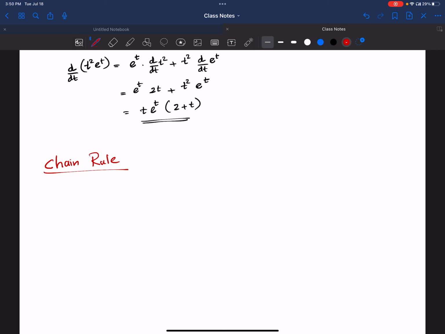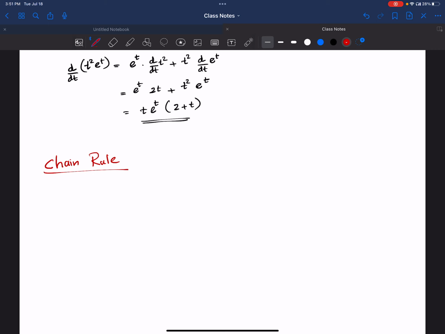Now, chain rule is useful when you have a composite function. What is a composite function? If you don't remember what a composite function is, just go ahead and look at the composite function video that was posted earlier.